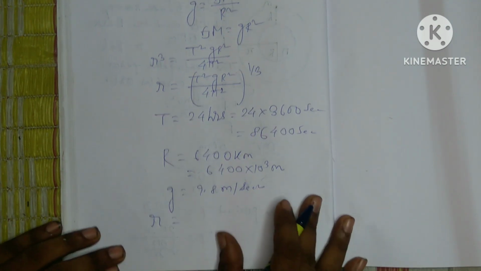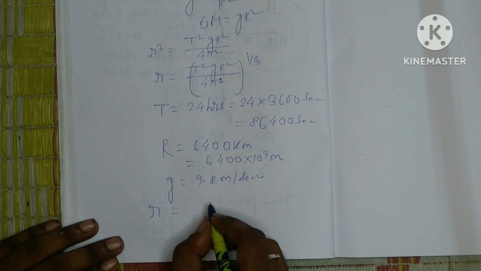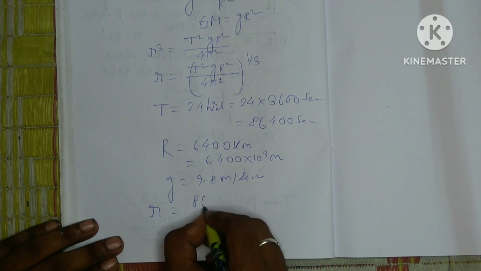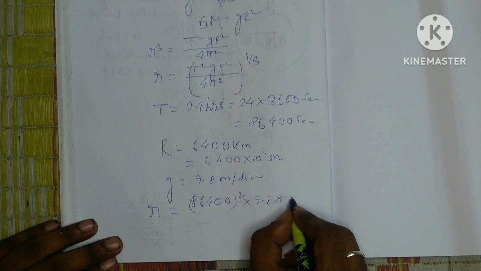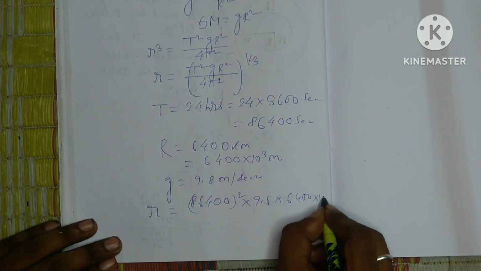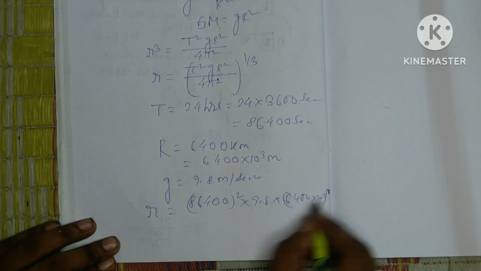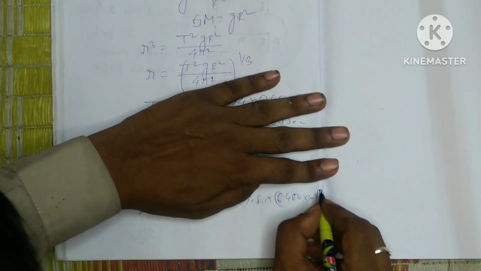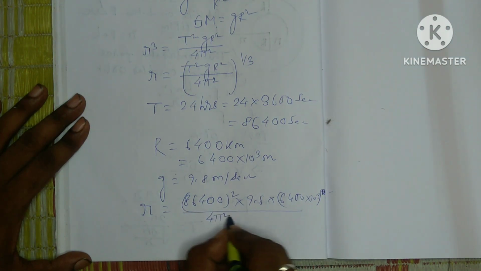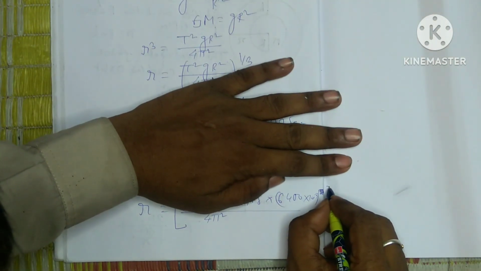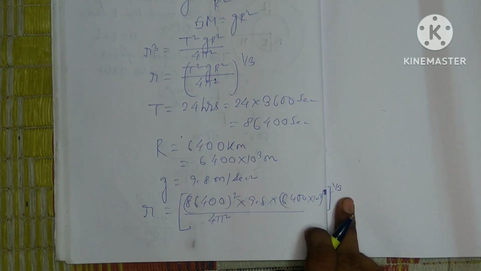So r equal to (T square, g that is 9.8, R square, divided by 4 pi square) whole to the power 1/3.